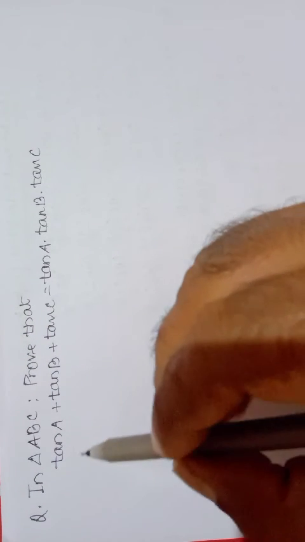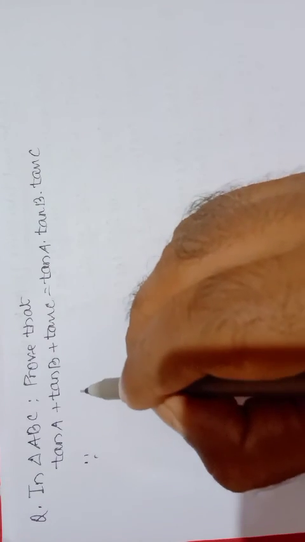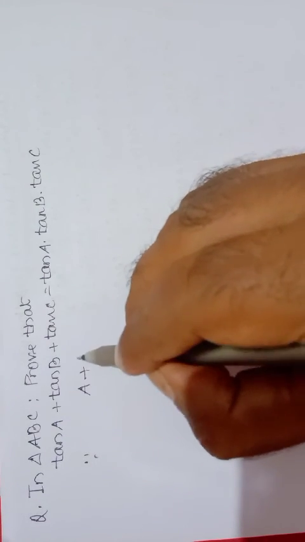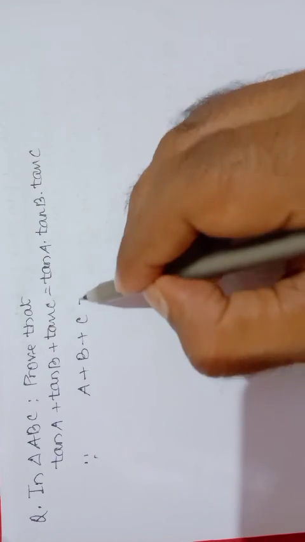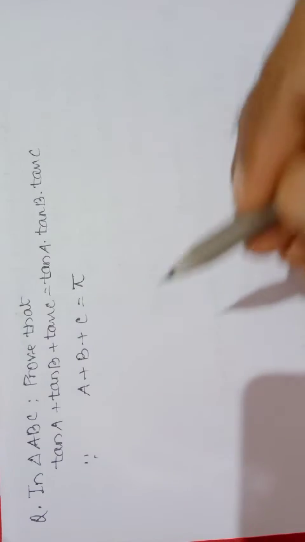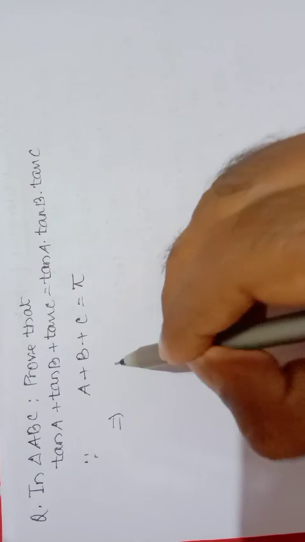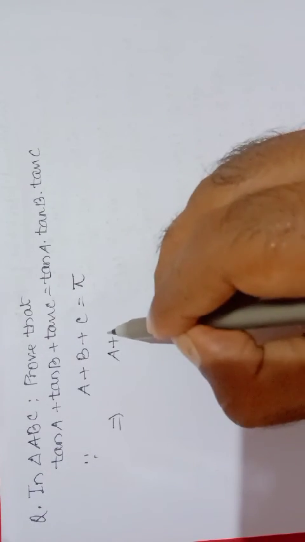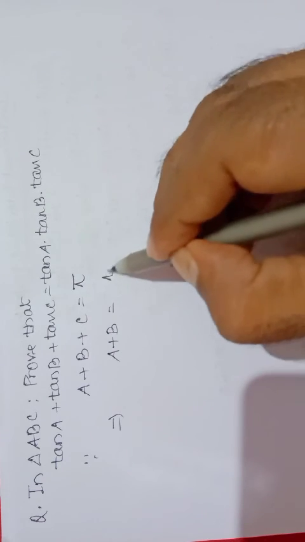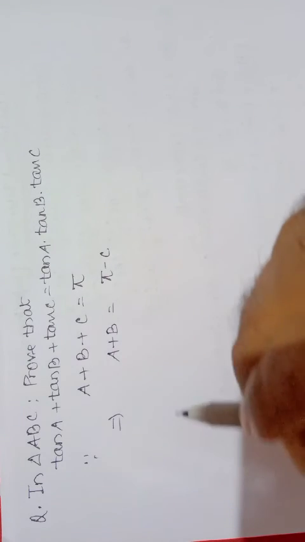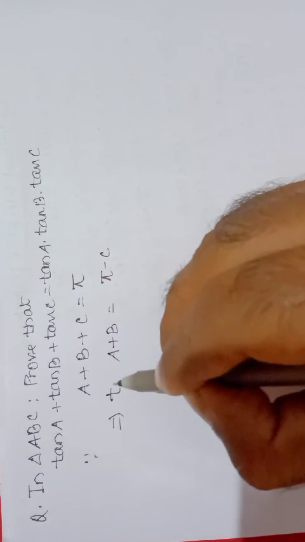It is the case of triangle ABC. So A plus B plus C is equal to pi, or A plus B should be written as pi minus C. Take tan on both sides.